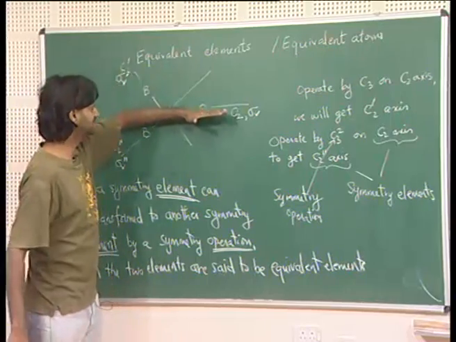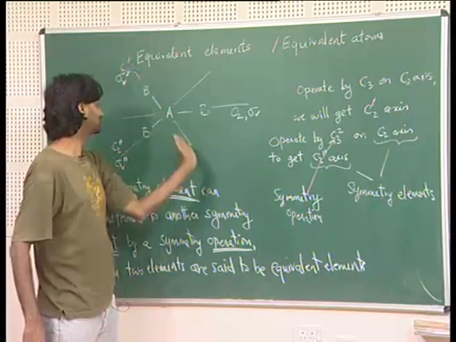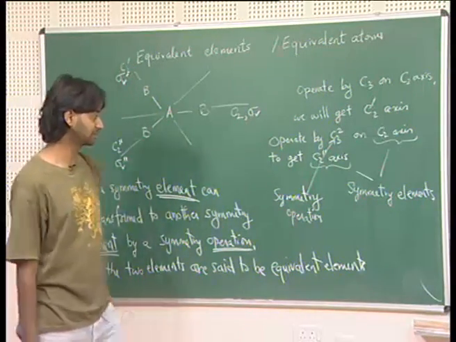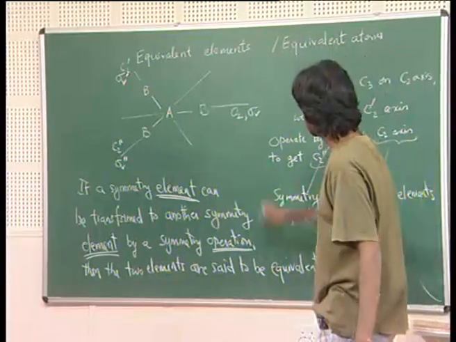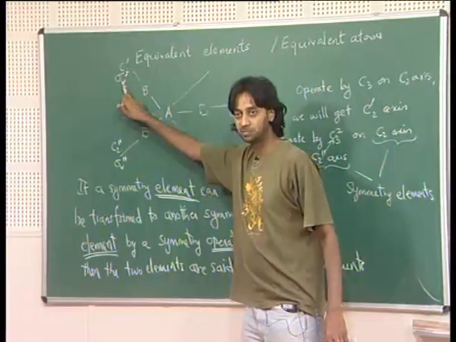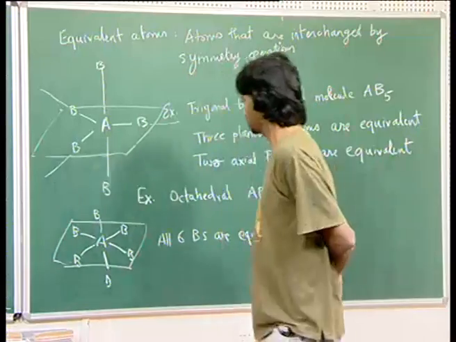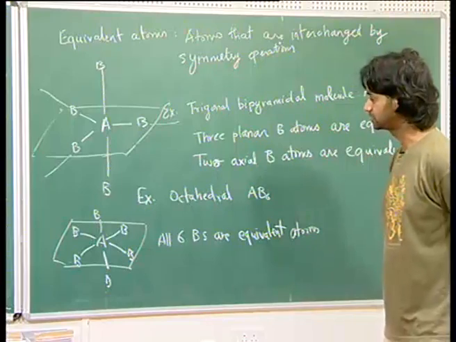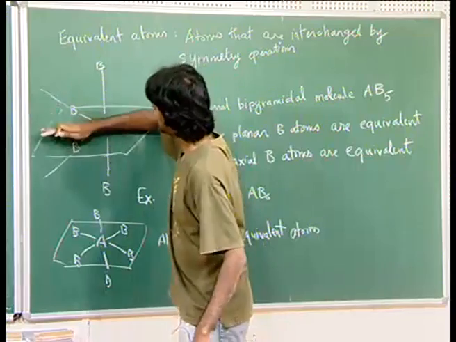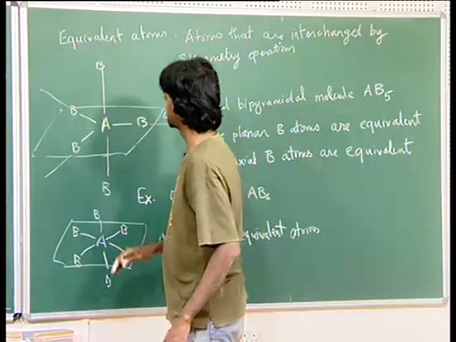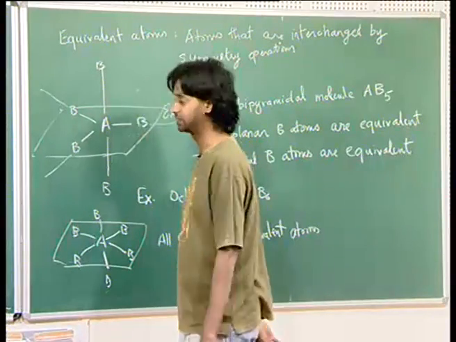So sigma V and sigma V prime are equivalent planes. There are lots of things that are equivalent. In this case also, this sigma, this sigma, this sigma, all will be equivalent. Similarly, this C2, this C2 and this C2 will also be equivalent, and so on.